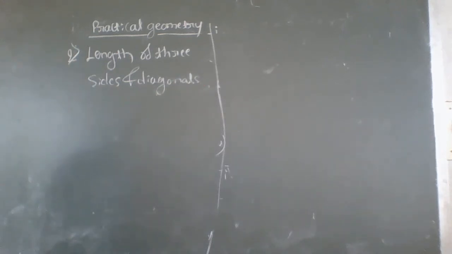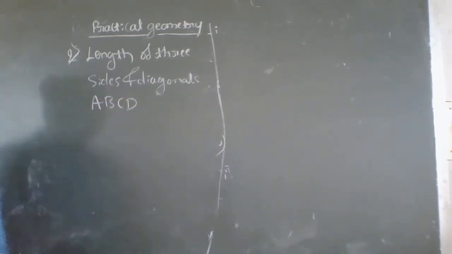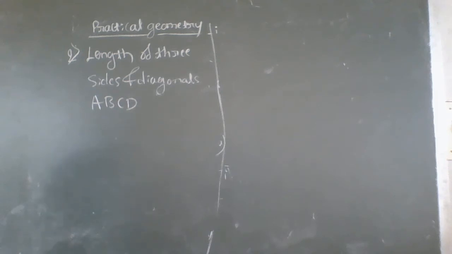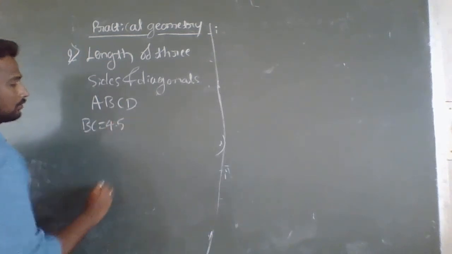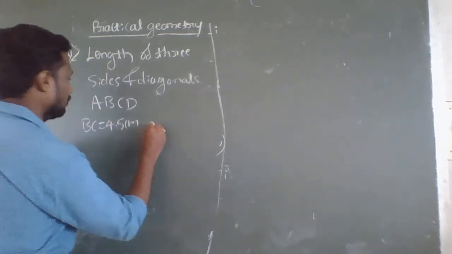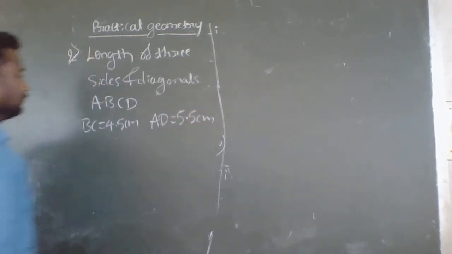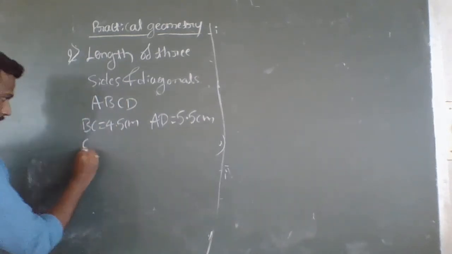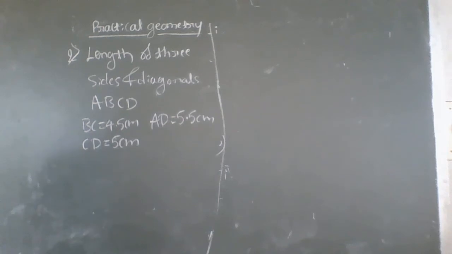For example, consider quadrilateral ABCD, and here they have given BC is equal to 4.5 centimeter, AD is equal to 5.5 centimeter, and CD is equal to 5 centimeter.